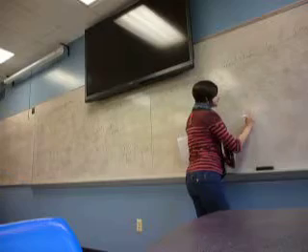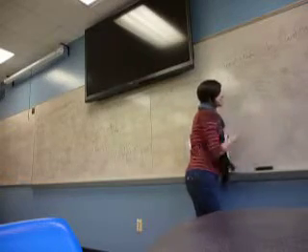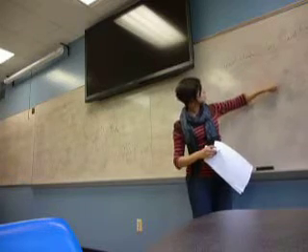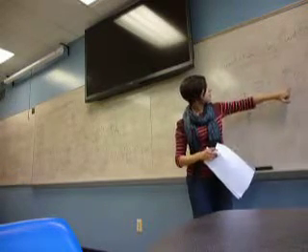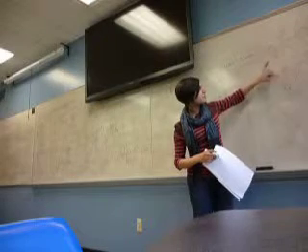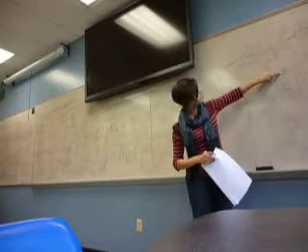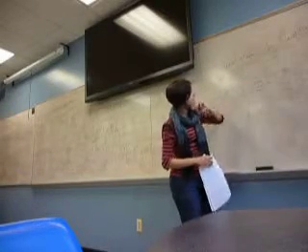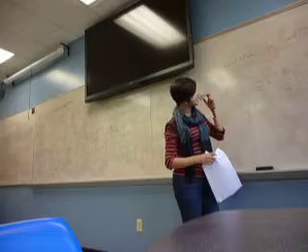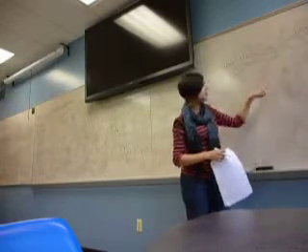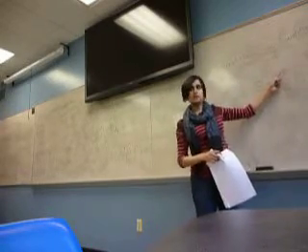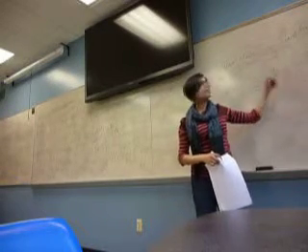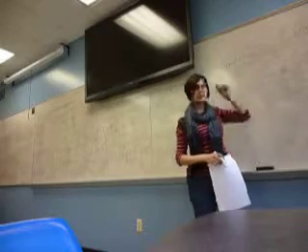To calculate the expected value of Z, supposing this was a random sum, okay? That is, I don't sum over a fixed number of random variables, I sum over a random number of random variables. So this y is random. In that case, the way to go about calculating the expectation of this term is you first condition on the different values y can take, and look at the expectation of the sum conditioned on each of the values this can take.